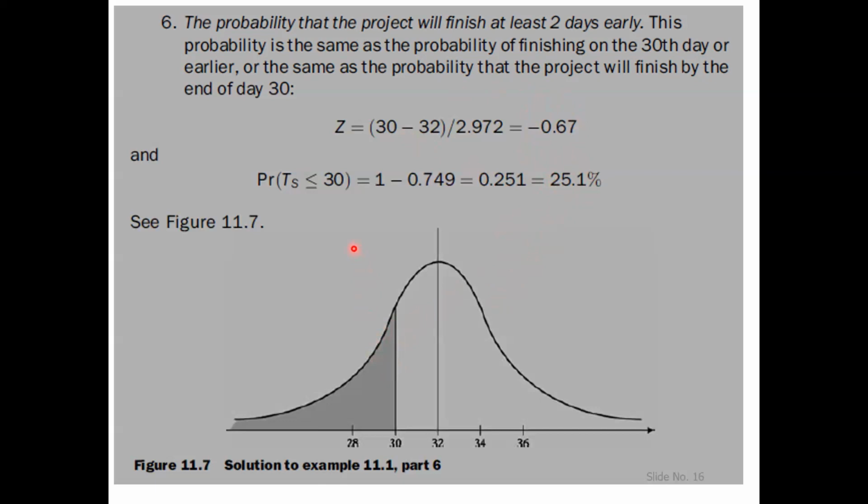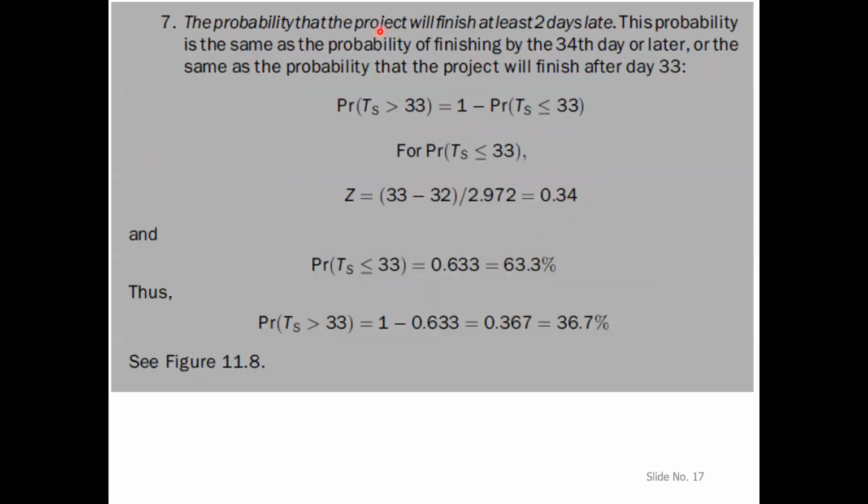And question number 7 is the probability that the project will finish at least 2 days late. This probability is the same as the probability of finishing by the 34th day or later, or the same as the probability that the project will finish after day 33. So the probability that it will finish after day 33 will be represented by this.